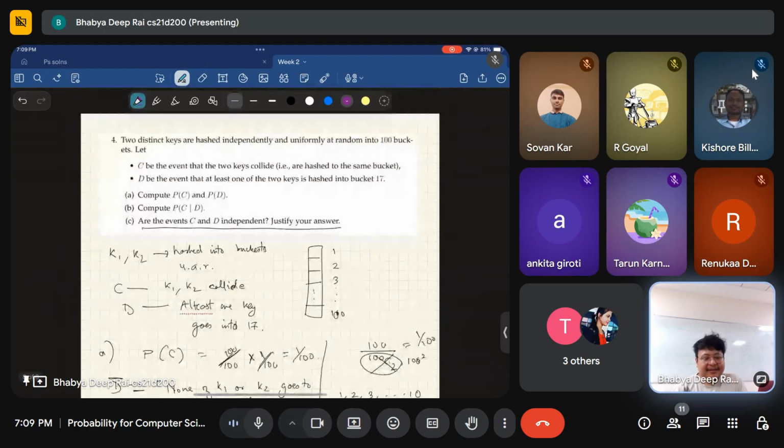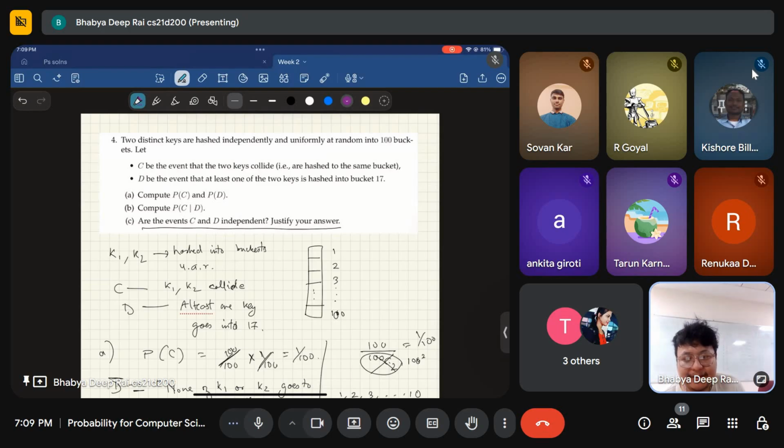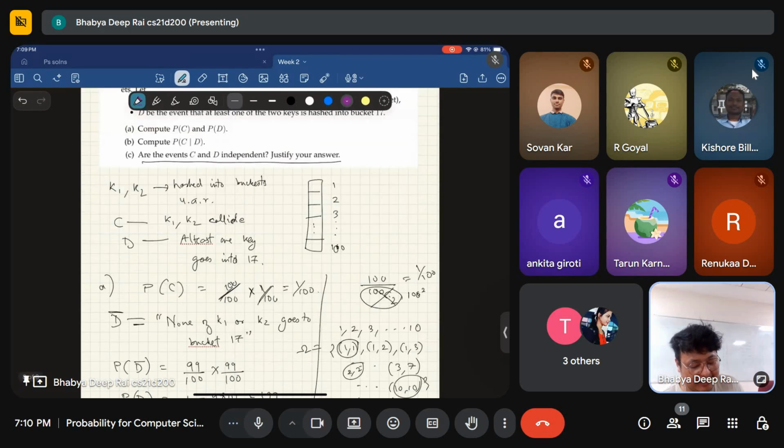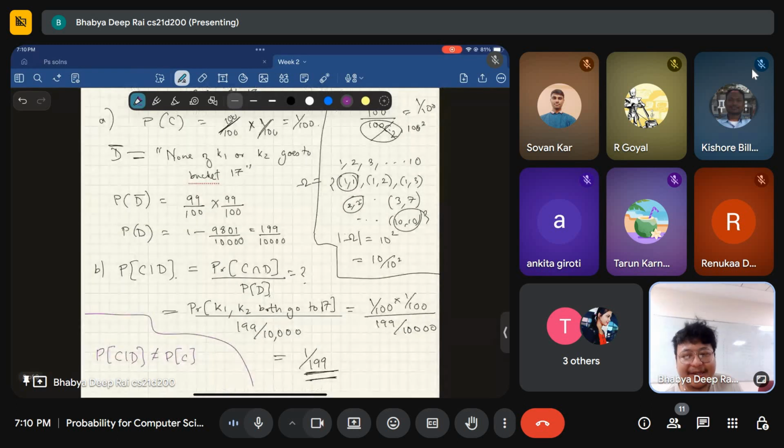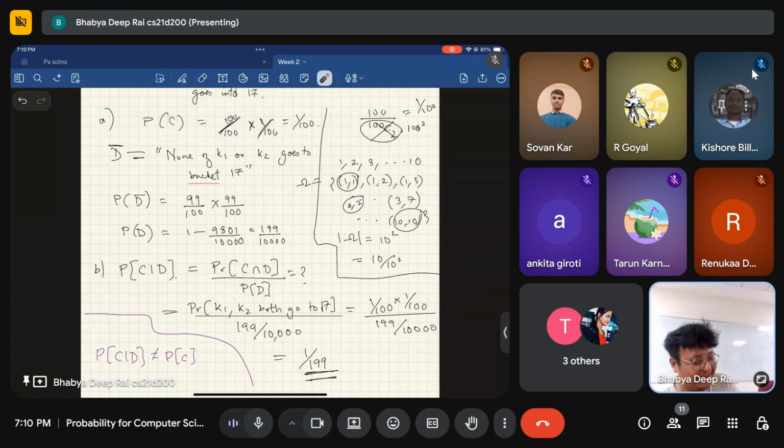So the fact that we are restricting it to both of them going into bucket 17, the probability that they'll collide is 1 by 100. Okay, which is a good thing, which means they have a very low probability of actually colliding.